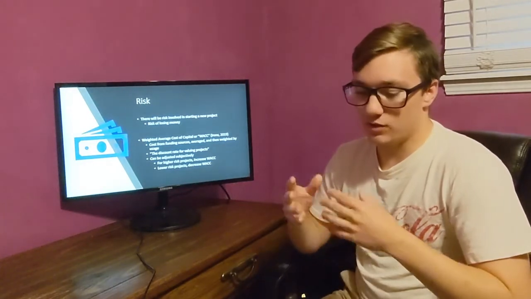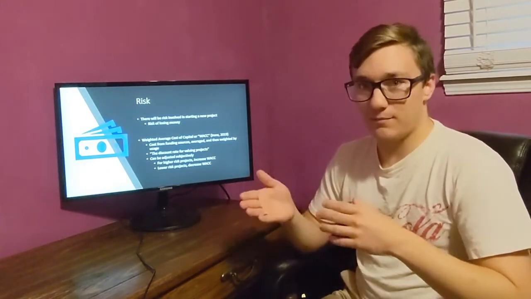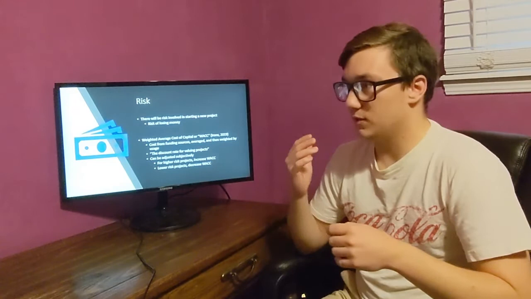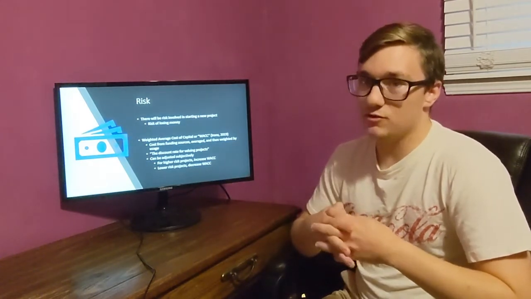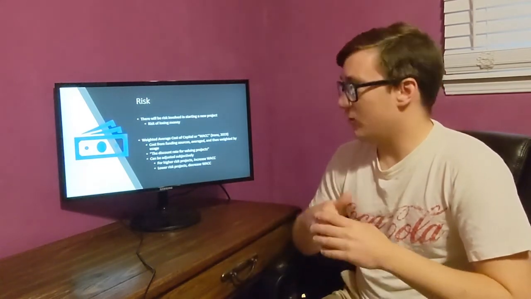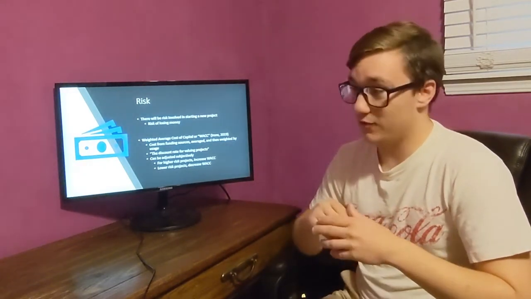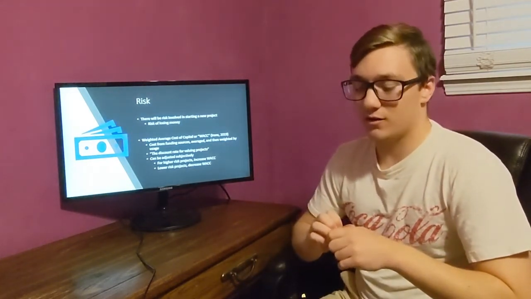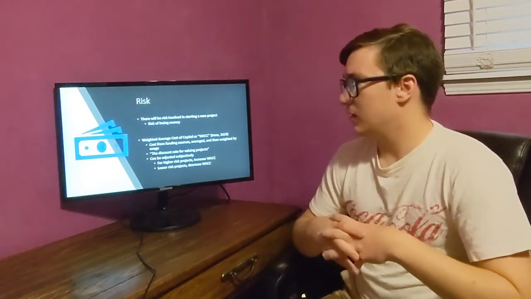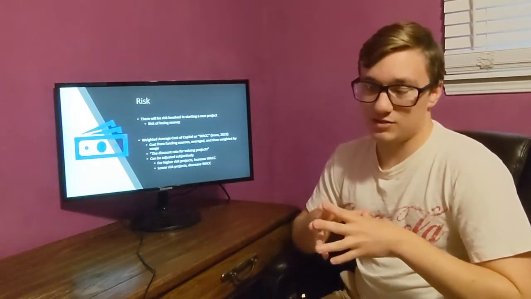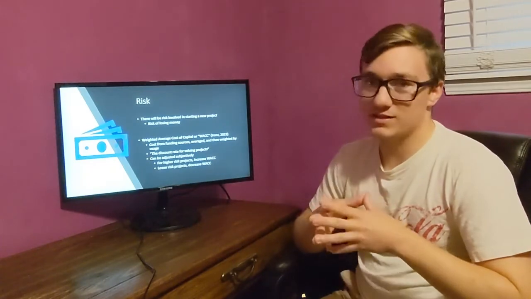And that's basically going to affect things such as your NPV, your payback periods, and your MIRR. You want to use that weighted average cost as a hurdle rate, basically, for your IRR and your MIRR. You want it to be higher than that. Because there are always going to be risks in you starting a new project, because you have the risk of losing money with that product.